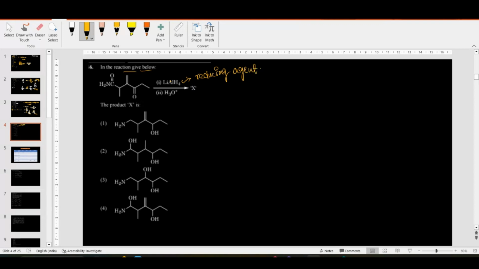LiAlH4 reduces this amide, C double bond O NH2, to CH2 NH2, and it will reduce the ketone also. It will reduce this ketone to alcohol, OH CH, and this amide group to amine, and it won't reduce this alkene.